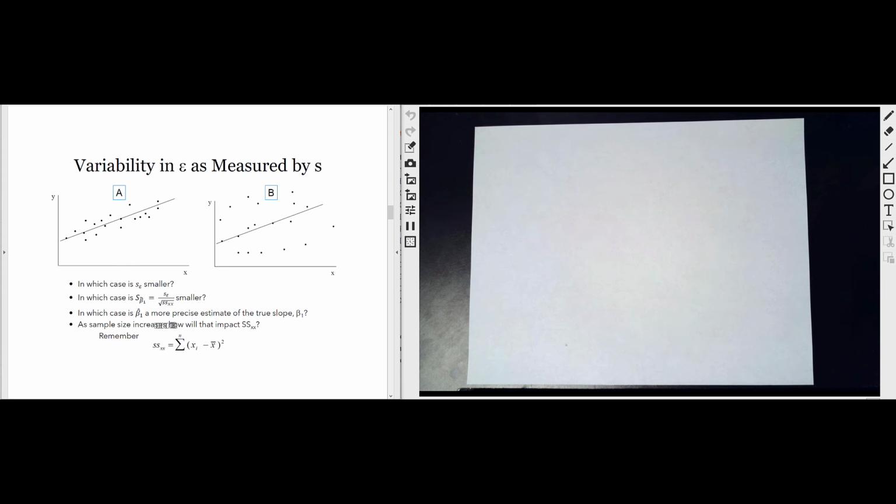Consider as sample size increases, how is that going to impact the SS of XX? That is, how is that going to impact the sum of the squares of the x sub i minus x bar? Well, the sum is going to increase as the number of x observations increases, assuming that the general distribution of the xy observations is very similar in both cases.